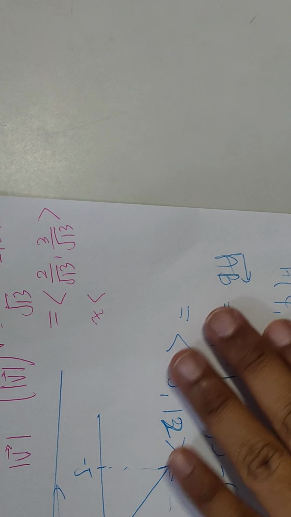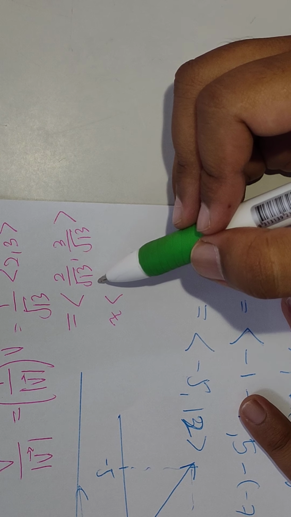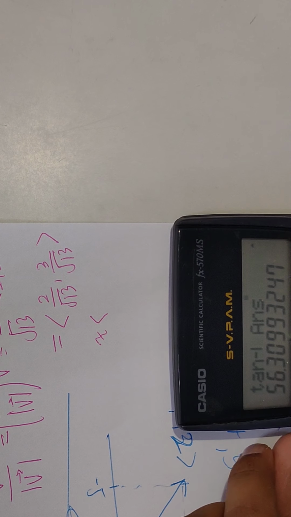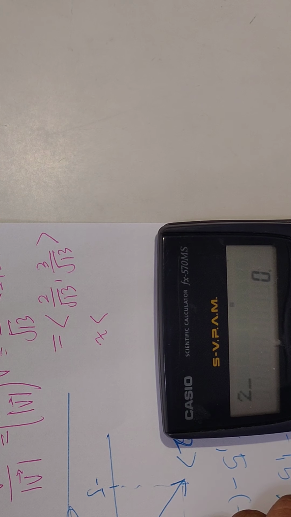You do not have to convert the fraction into decimal. However, I just want to show you the decimal for us to better understand the situation. Let's say we have 2 over the square root of 13.